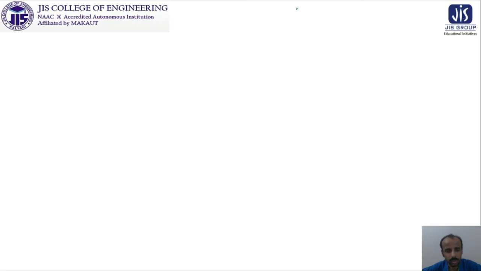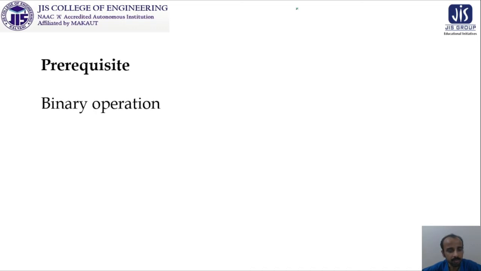For today's topic, we have some little prerequisites, and they are: first, we have the idea of binary operations. It is obvious because we have already gone through so many classes on group theory. And then we need the idea of one-one mapping.